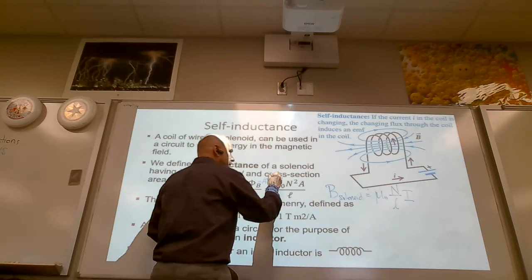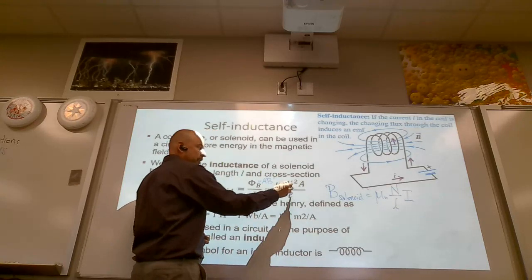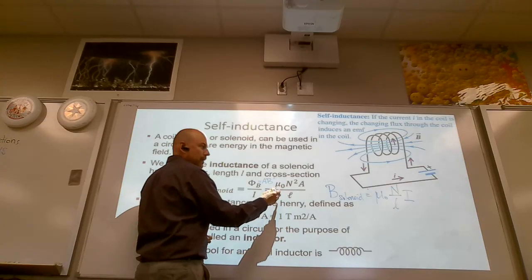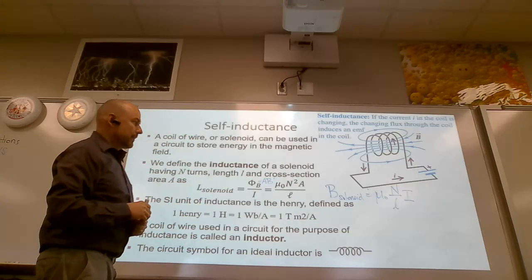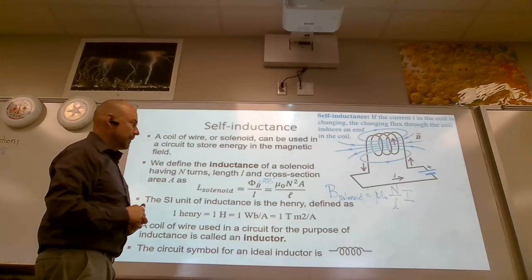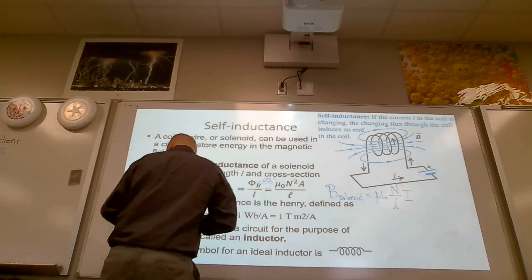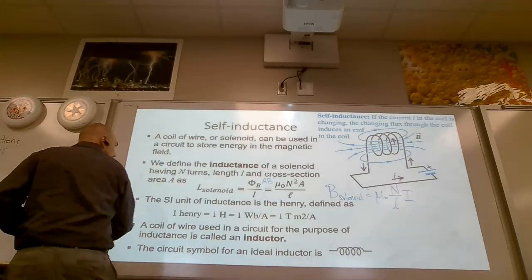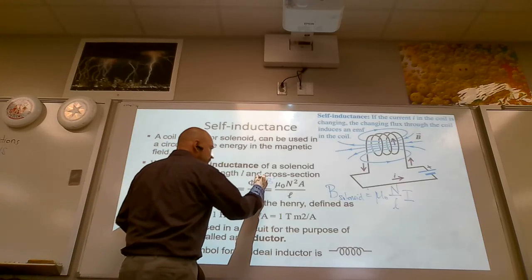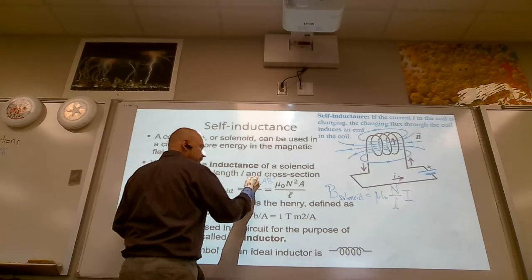Substitute all that stuff into here, the current gets canceled, and you've got your flux is number of loops times the area times magnetic field.